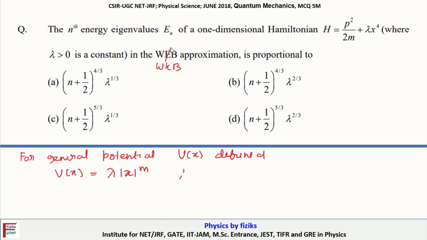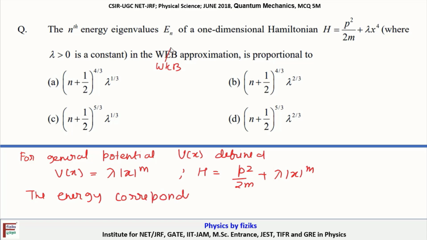In such cases, the Hamiltonian becomes p squared by twice m plus lambda mod x to the power m. The energy corresponding to this potential is E n proportional to lambda to the power 2 by m plus 2, into n plus half to the power 2m by m plus 2.